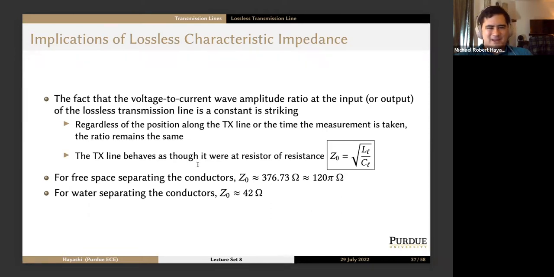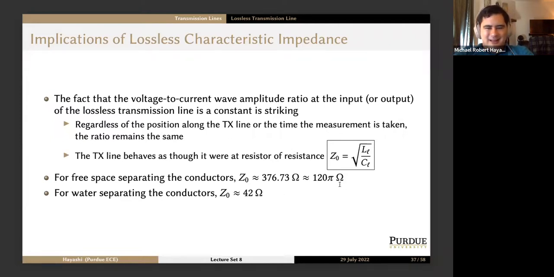So the transmission line behaves as though it were a resistor with some sort of AC resistance of Z naught equals square root of L over C_L. So for free space separating the conductors, we get that 376.73 ohms, which is about 120 pi ohms.